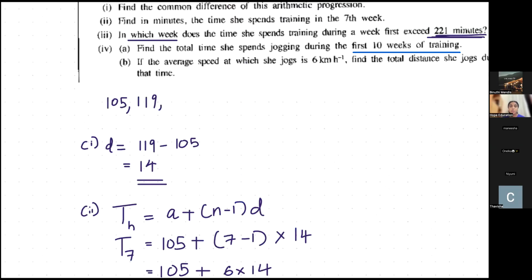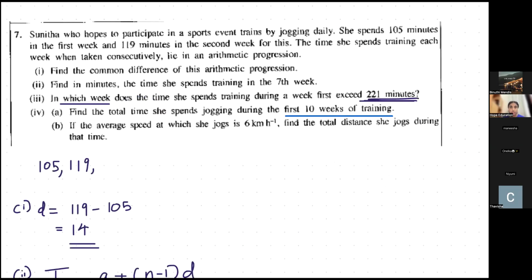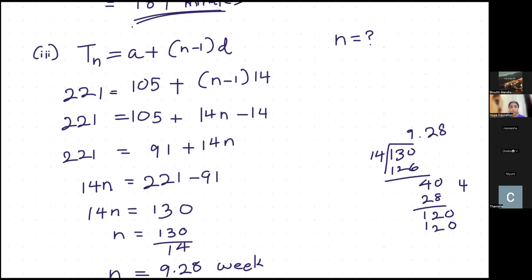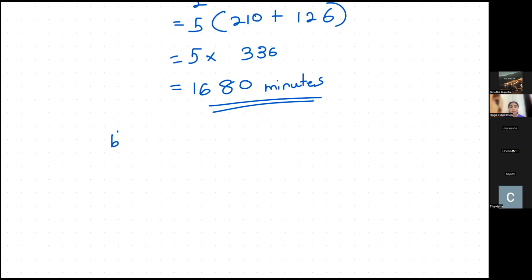Okay, let's go to part B. If the average speed at which she jogs is 6 kilometers per hour, find the total time she jogs during that time. The speed is given. We know speed equals distance divided by time.